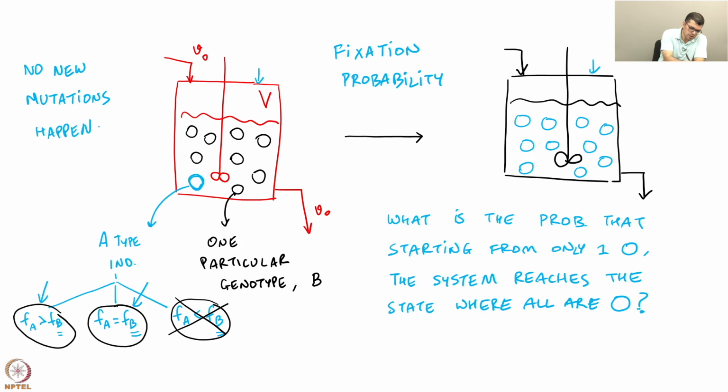Once we are through with these derivations, we will discuss how relaxing these assumptions will change our results, whether it will increase or decrease the probability that we calculate, but we will discuss that at the end. But for now, we will assume that the blue and the black genotypes are the only ones that exist and no mutations happen. Blue gives rise to blue every time, black gives rise to black every single time, and that is it.